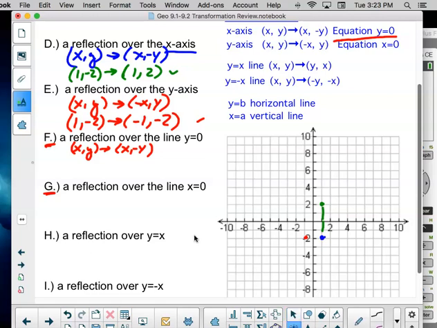Okay, so now I've got my point again, (1, -2), and it's the same. Seemed like it was a different type of question, but I'm going to take my y value and take its opposite. My x stays the same. If I reflect over the line x equals 0, it's this line here, a vertical line, which is the y-axis. The equation is x equals 0. So this is the rule I must use.